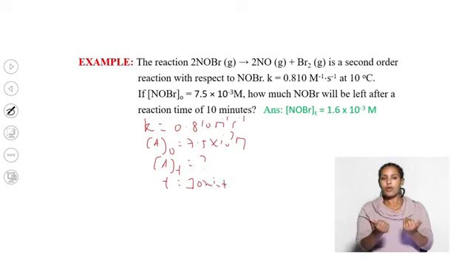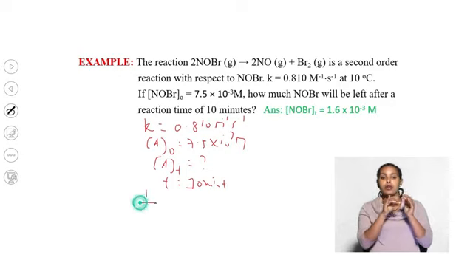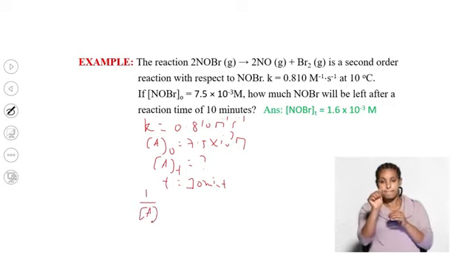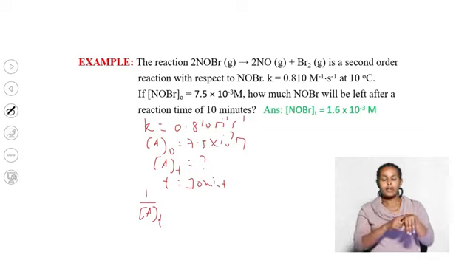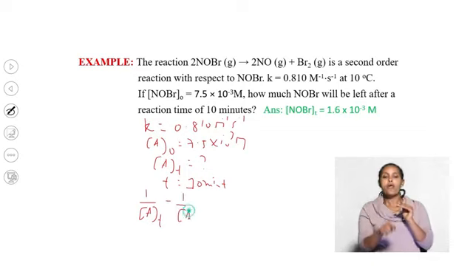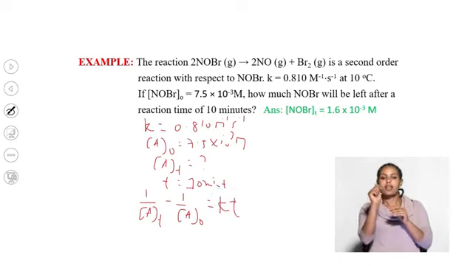Now, the integrated rate equation for a second order reaction is this: 1 over concentration of M at any time t minus 1 over A0, the initial concentration, equals K times t.